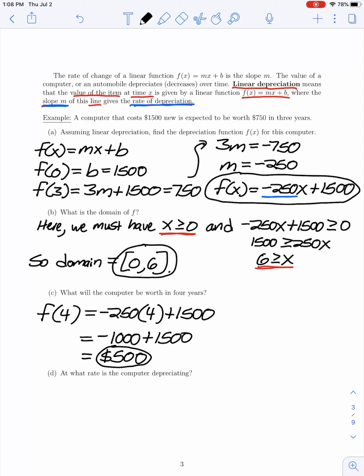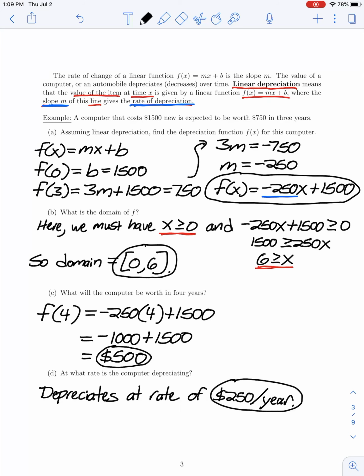So here we could say the computer depreciates at a rate of $250 per year. All right.